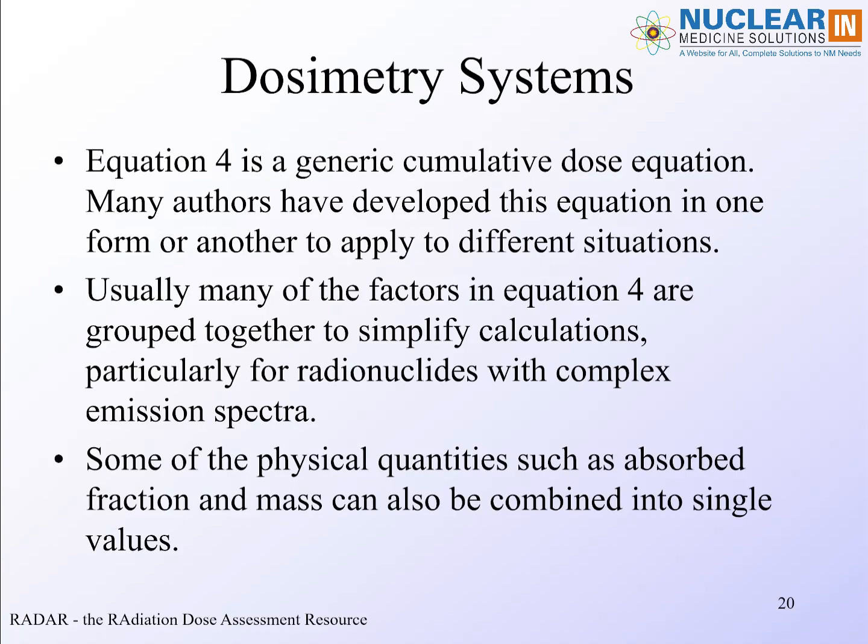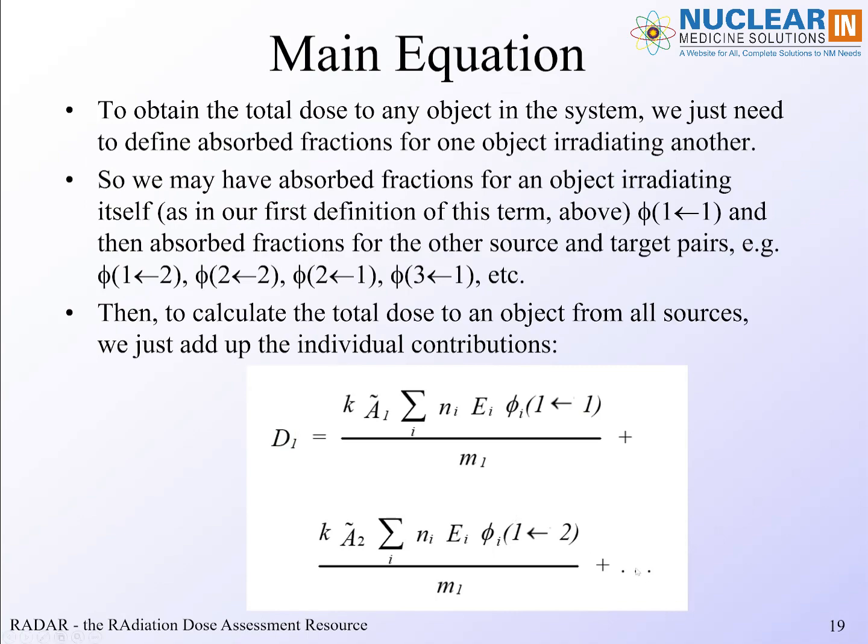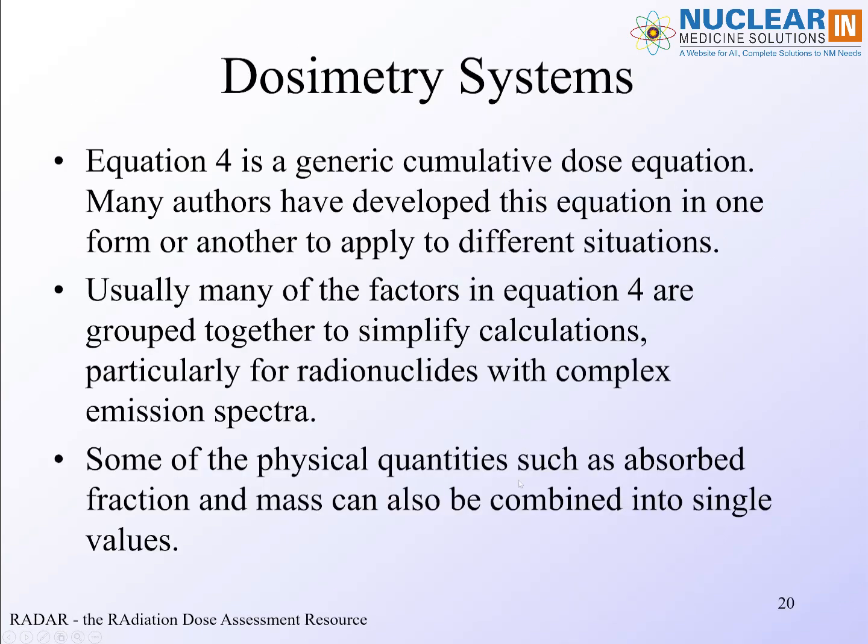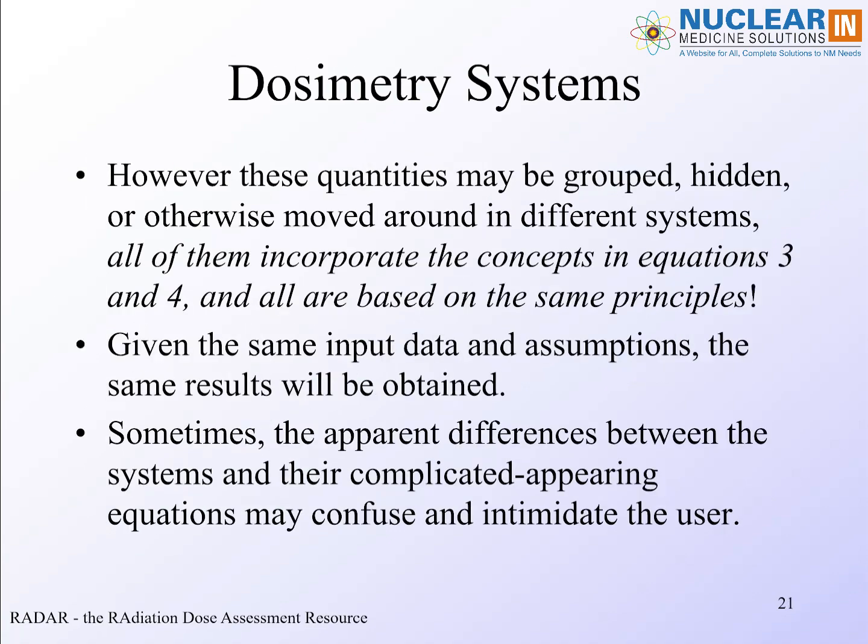There's many factors in this equation, and it's very common to combine some of these factors into combined quantities, and some people call it one thing and some people call it another, and that's where it gets confusing. But don't be confused, don't be fooled. It's all that same equation over and over again.